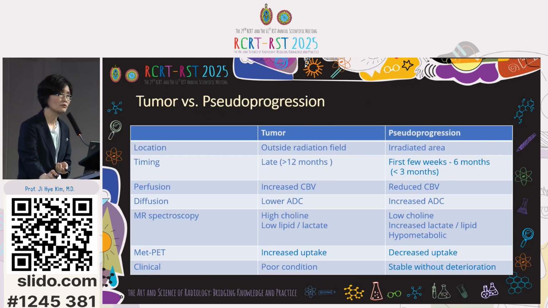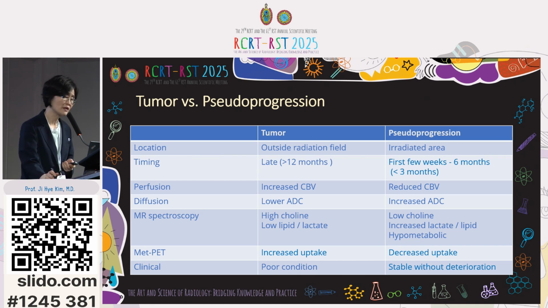So we have to differentiate active viable tumor progression and the pseudoprogression, and this is a summarized table. The tumor progression usually occurs outside the radiation field later after the treatment, but pseudoprogression can be seen within the irradiated areas and earlier.